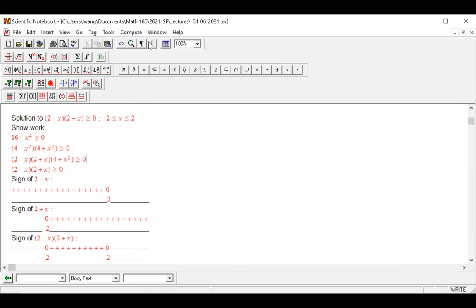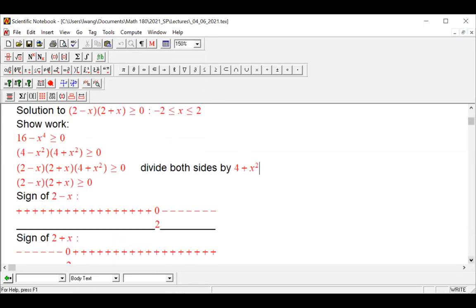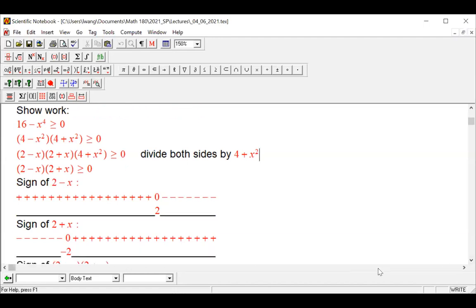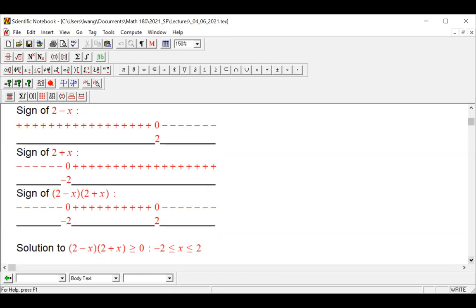It's optional. If you are to show work, just go through these steps. Boom, boom, boom, boom, boom. You're done, if you choose to use this version.